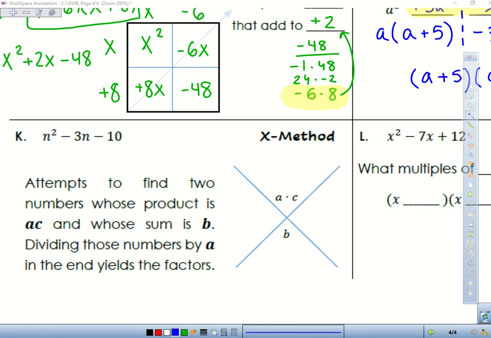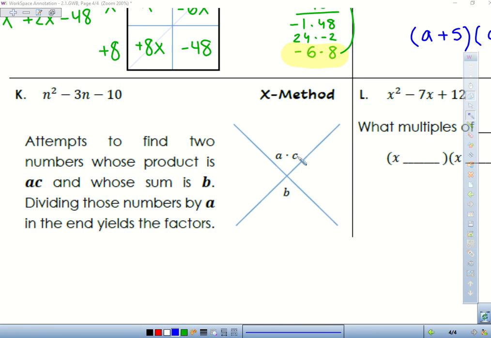Next. Let's go ahead and look at K. So, K is the X method. And this is just kind of another silly way of writing this out. Really, that's all it is. So, what you write here is A times C. In this case, it's just 1. So 1 times negative 10 is negative 10. And then your B term is negative 3.